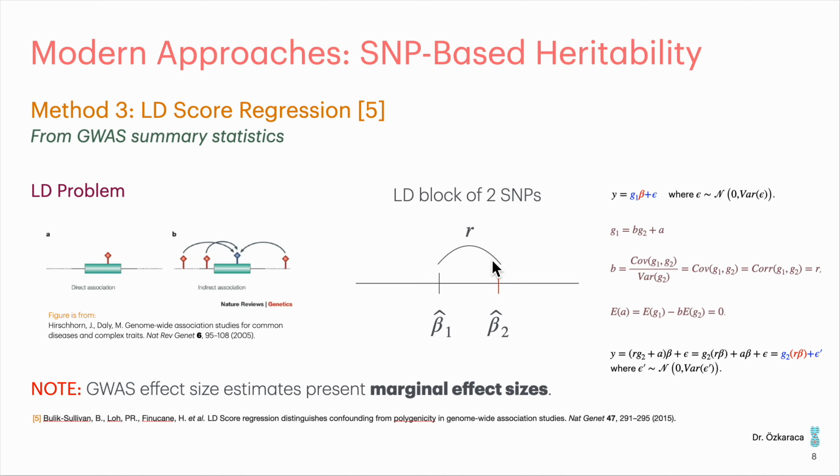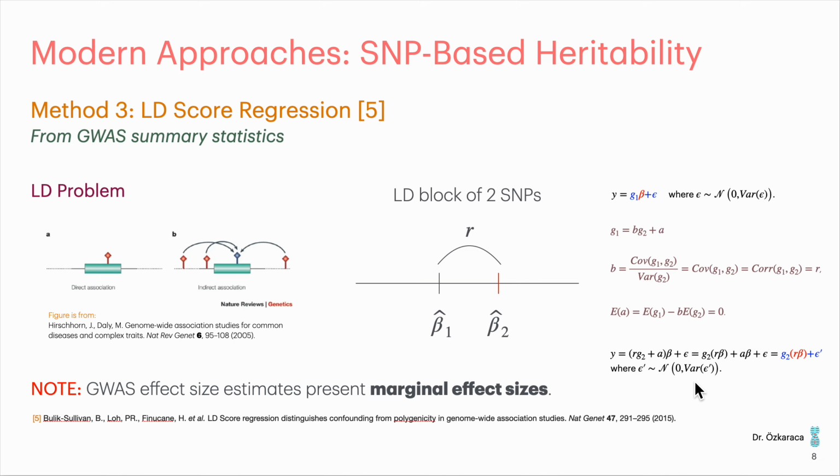Now, even if SNP2 does not directly influence the trait, it can show an indirect association with the trait due to the correlation with SNP1. In this case, the indirect effect size for SNP2 would be beta 1 times r. I have provided the mathematical details on the right side, but again, feel free to pause the video to check it out.